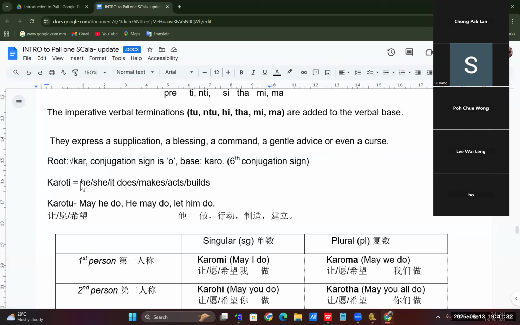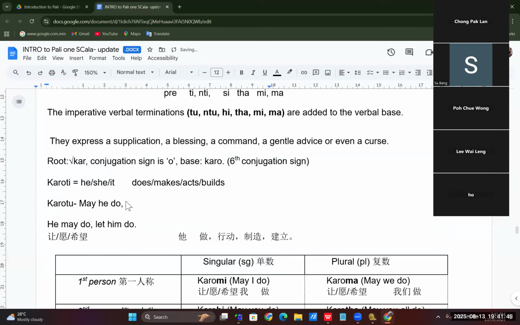Now, karoti is present tense: he or she does, makes. Actually, this kar has many meanings: does, makes, builds. But when you put karo tu, it becomes, we can translate in these three ways: may he do, he may do, or let him do.